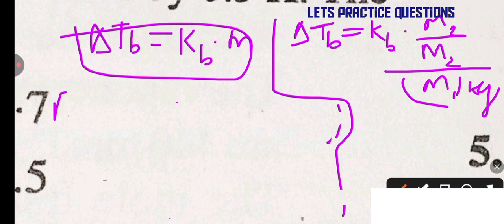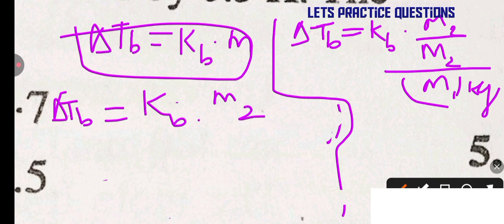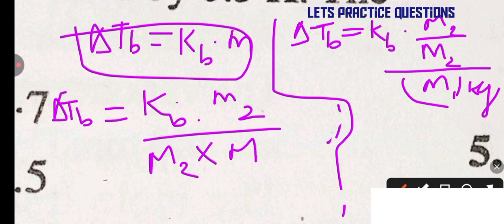Here we can write that del Tb will be equal to Kb, the ebullioscopic constant, times W2, the mass of the solute, divided by the molar mass of the solute, times the mass of the solvent in kg.